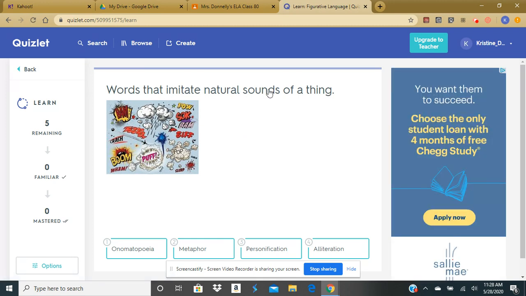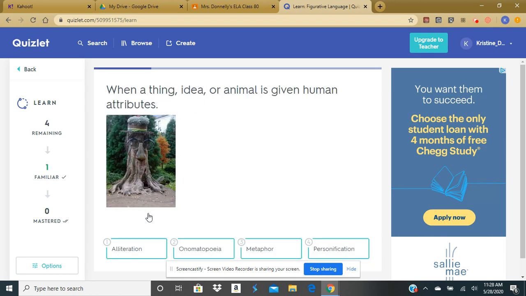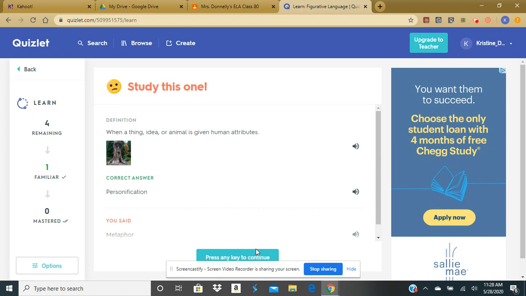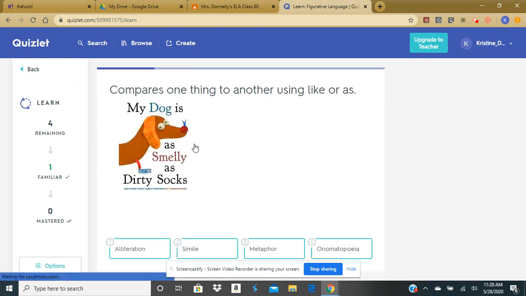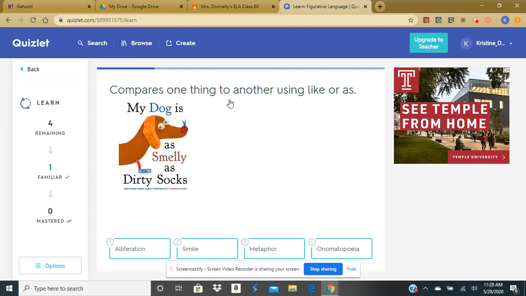Words that imitate natural sounds of a thing. Good. When a thing, idea, or animal is given human attributes. So let's see here. The correct answer is personification. Personification. So we're gonna go back. Compares one thing to another using like or as.